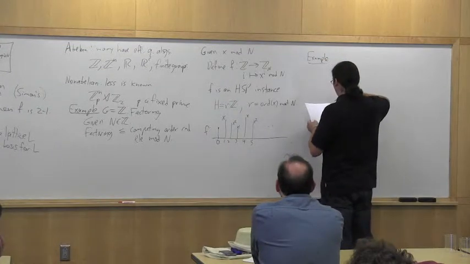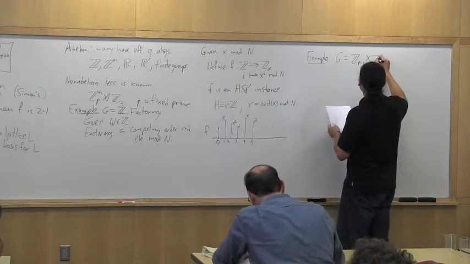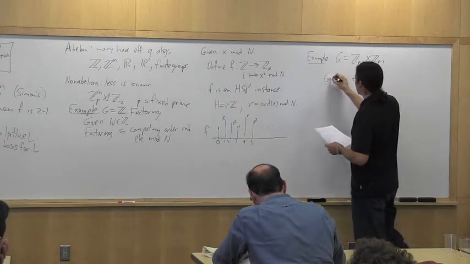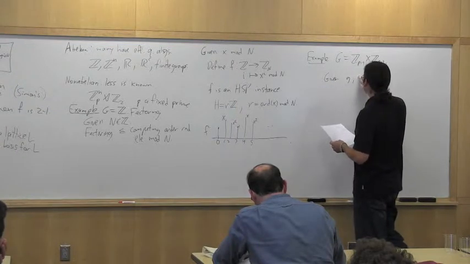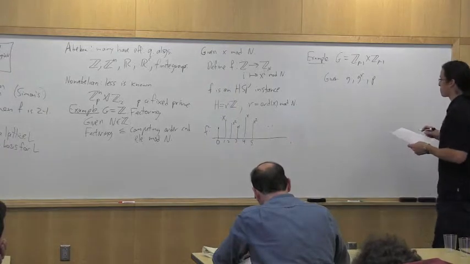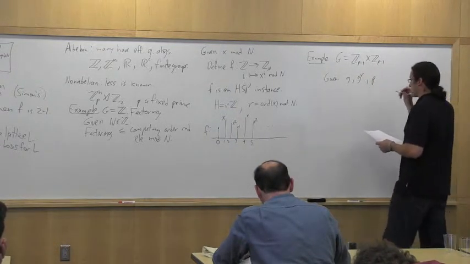Okay, so here's the example for discrete log. If we take Z_{p-1} cross Z_{p-1}, so this is a finite group, then you can imagine you're given a generator, some element g in Z_p^*, and we want to define an HSP instance, so we're trying to figure out what r is.